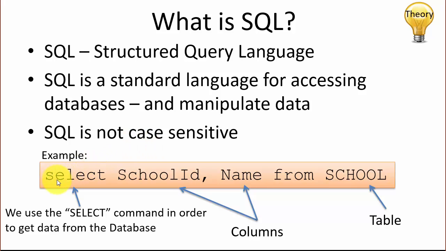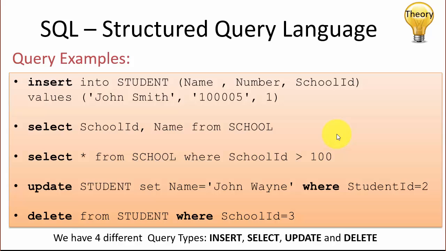Here we see an example: select school ID, name from school. In this case we will get data from the school table using the select command. Here you see some other examples. Typically we have 4 different types of queries. We have insert, when we want to insert data into the table.